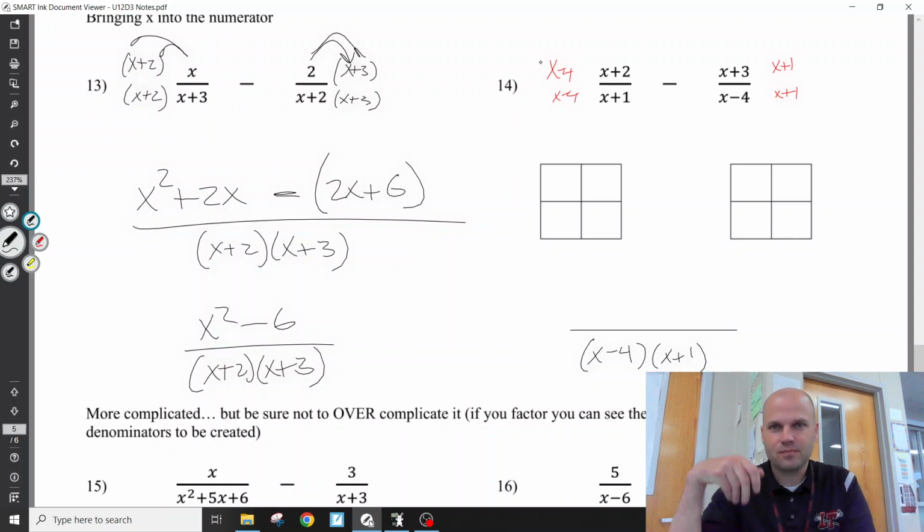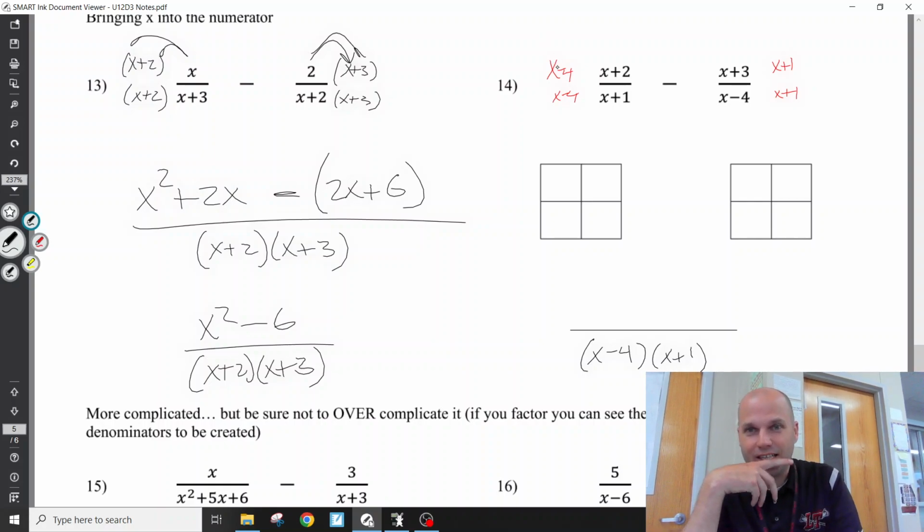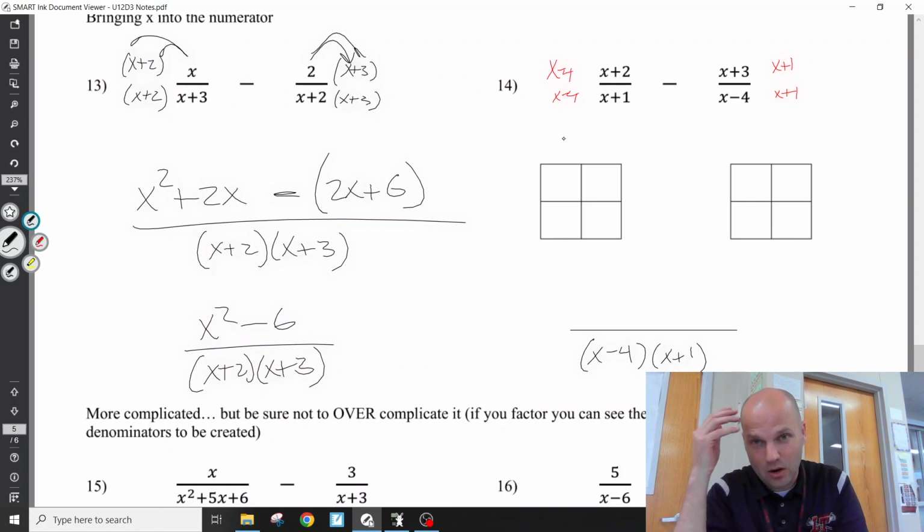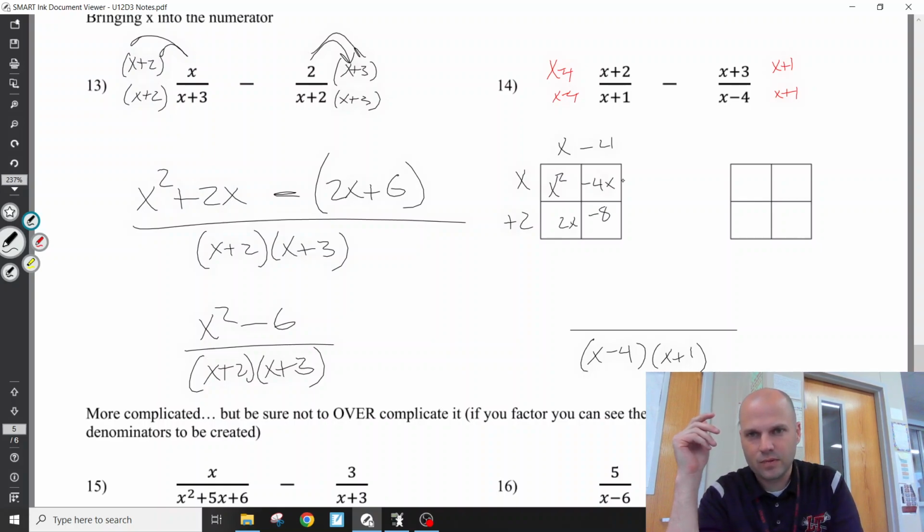Subtracting things. But my numerators, x minus 4 times x plus 2. Oh my goodness, I have to FOIL or distribute everything. X squared, negative 4x, 2x, negative 8. Here, x plus 3, x plus 1, x squared, 3x, 1x, 3.